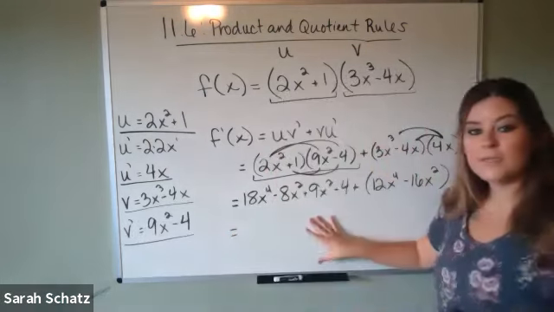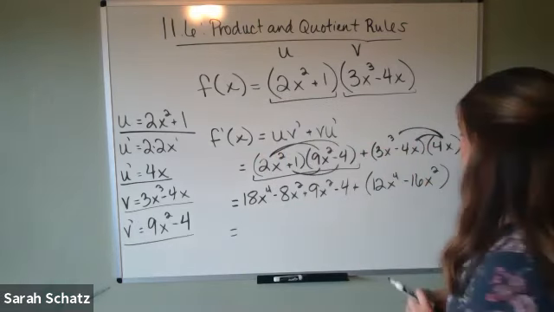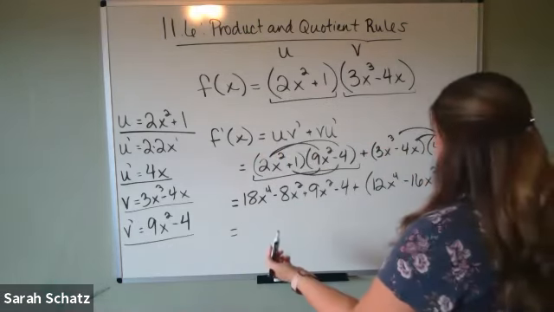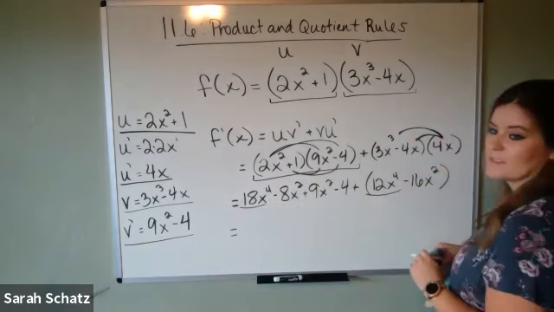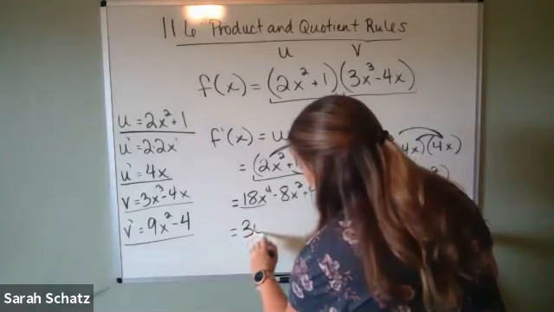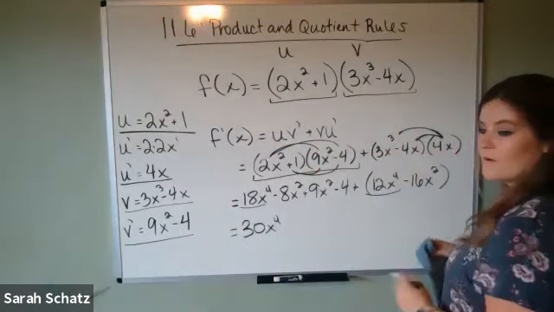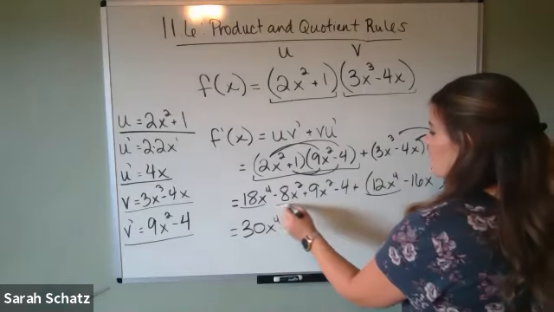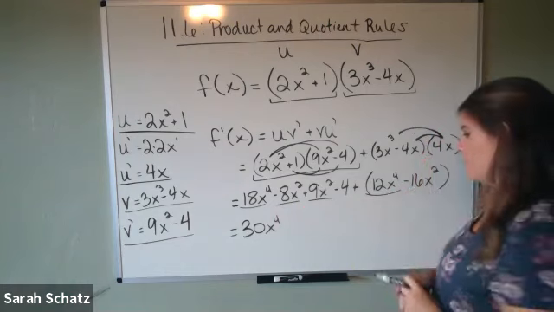All right. So from here, I'm just going to combine like terms, right? That's all I can do. I've already multiplied everything out. So let's see. I have 18x to the 4th plus 12x to the 4th. So that makes 30x to the 4th. I don't have any cubes, but I do have -8x squared plus 9x squared. So that's 1x squared.